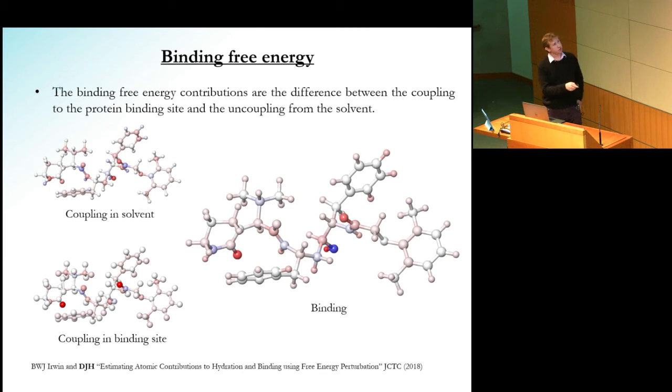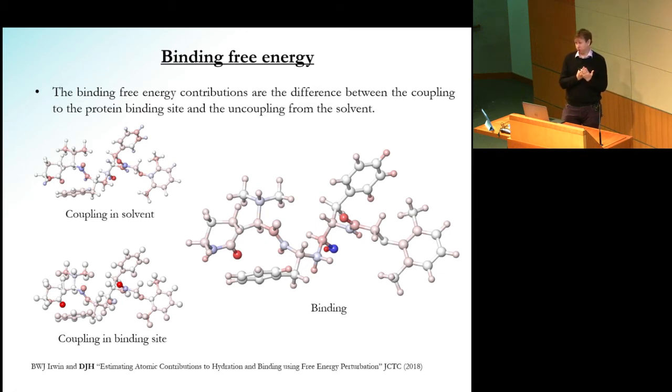The way that we do this is we look at the contributions from when you couple in solvent. So again, this is essentially the hydration free energy of lopinavir. And then we look at coupling in the binding site, all the interactions made there. Overall, we just sum those contributions together.